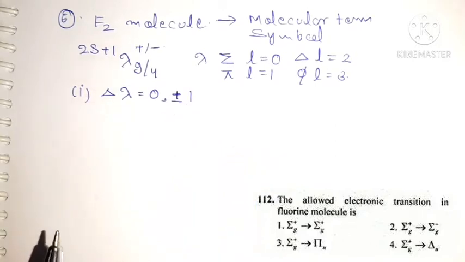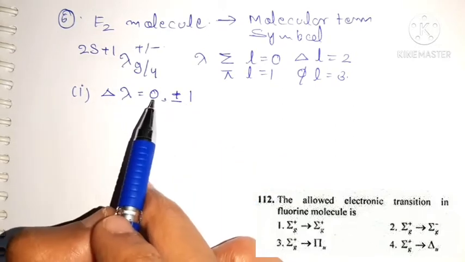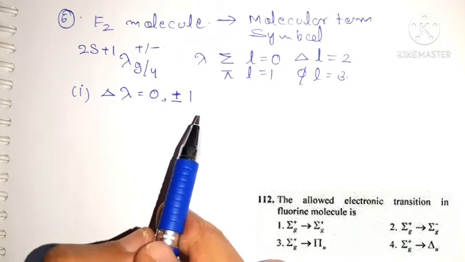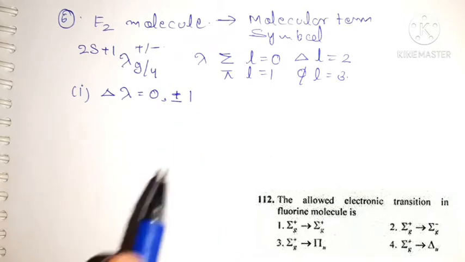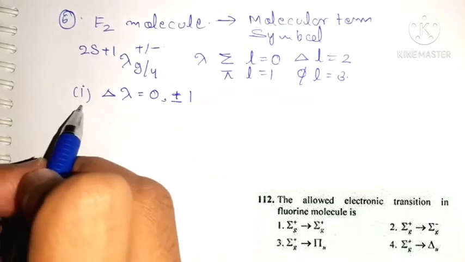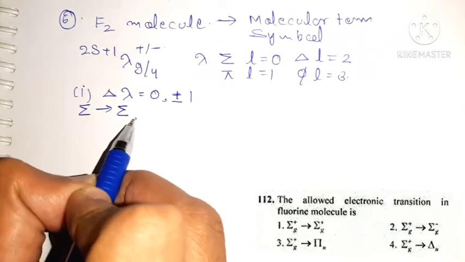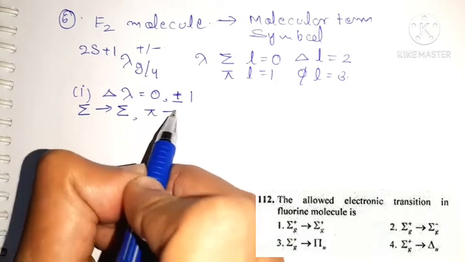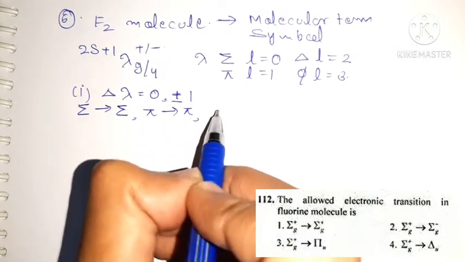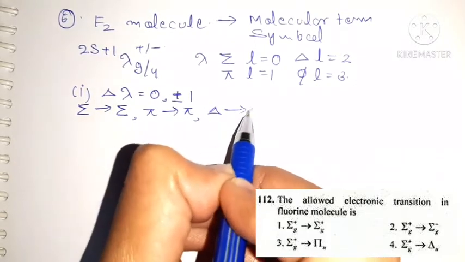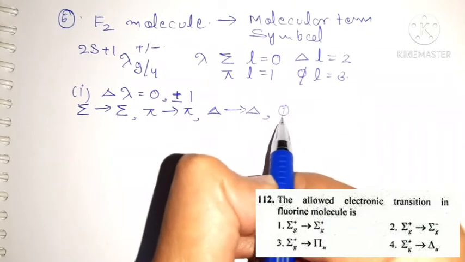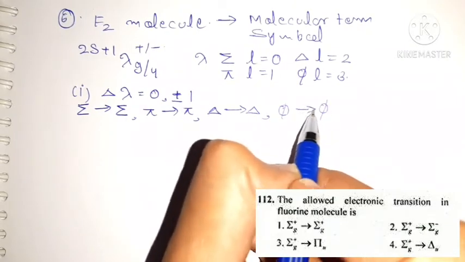Any transition with a difference in lambda of 0 or plus minus 1 is an allowed transition. So on the basis of the selection rule, we can clearly say that sigma to sigma, pi to pi, delta to delta, and phi to phi transitions are allowed transitions.